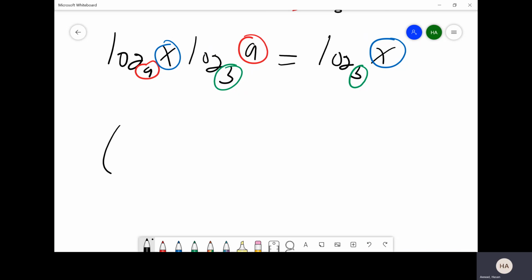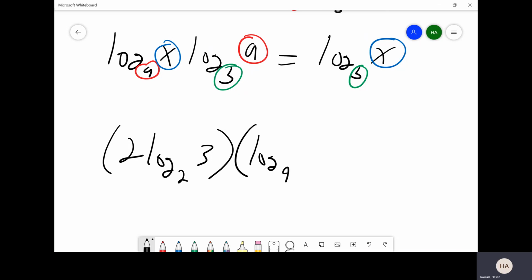So let's say we have 2 times log base 2 on the value 3 multiplied by log base 9 on the value 5. At first glance, this doesn't look like this is going to work out.